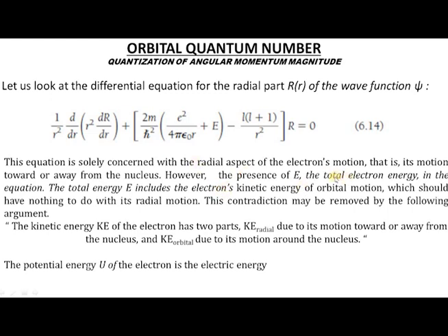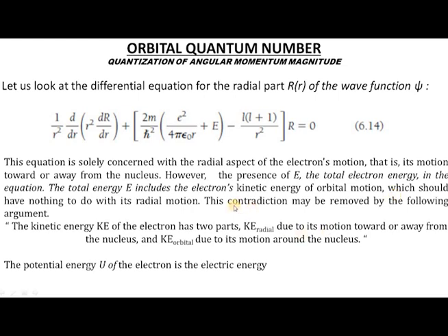The total energy in this equation includes the electron's kinetic energy of orbital motion also. So there is a problem. The radial part equation has nothing to do with this kinetic energy of orbital motion, so there occurs a contradiction. Total energy includes the kinetic energy of orbital motion, but the radial part equation has nothing to do with it.